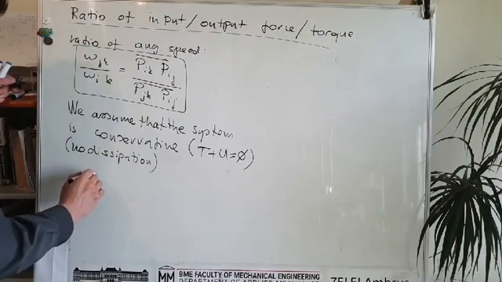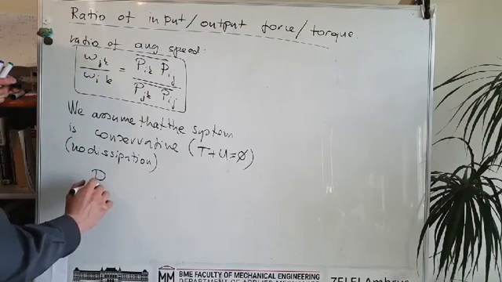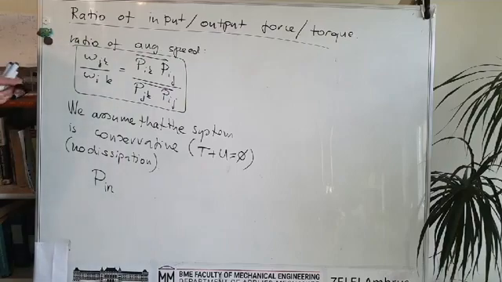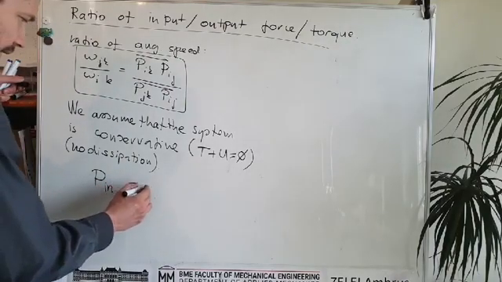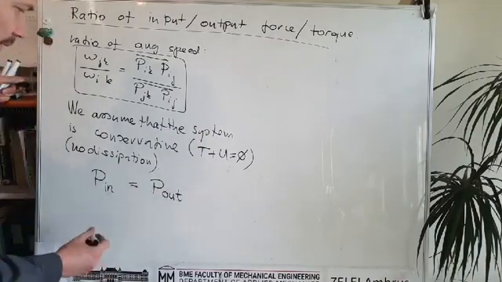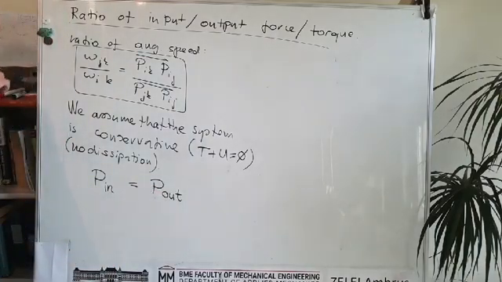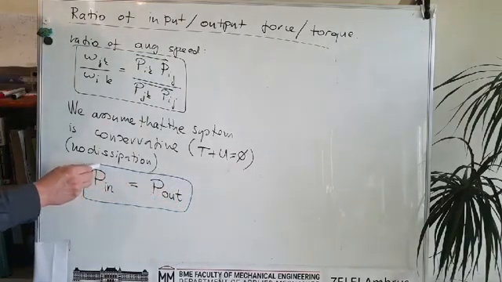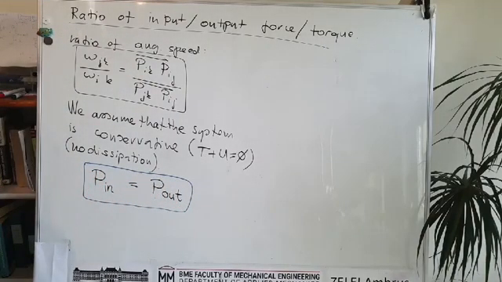So basically we can use the formula that the power of the input is equal to the power related to the output. So this is the most important thing. The input power is equal to the output power, so we say that there is no dissipation in the system.